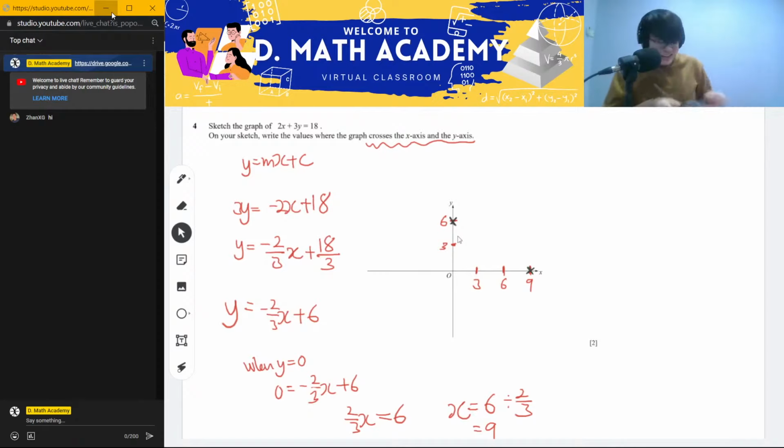So my line here might be a bit crooked because I'm drawing on an iPad. But roughly this will be the answer here. You get the idea. Don't follow my graph, because I can't draw the accurate line on the screen.